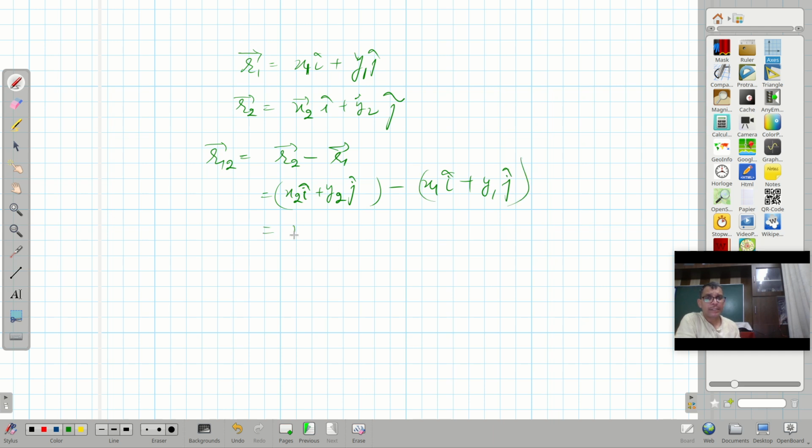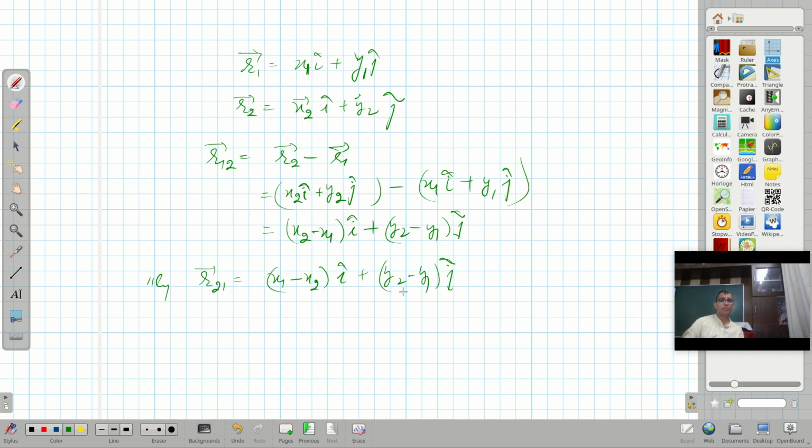So it can be written as (x2 minus x1) i cap plus (y2 minus y1) j cap. Right. Similarly, R21 vector can be written as (x1 minus x2) i cap and (y1 minus y2) j cap.